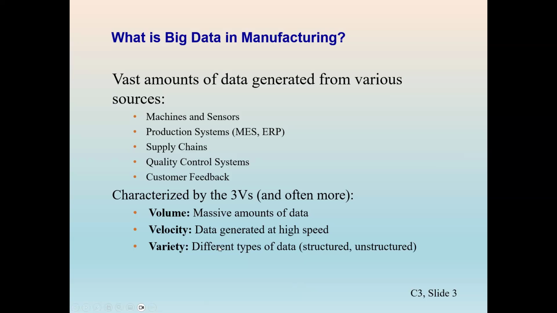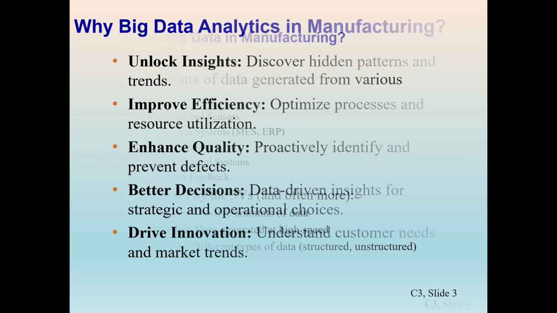Veracity again is based on the accuracy and reliability of the data, and also the value, that's the usefulness. So in summary, big data is about dealing with large data, fast and also diverse data sets to extract valuable information for decision making and also problem solving.